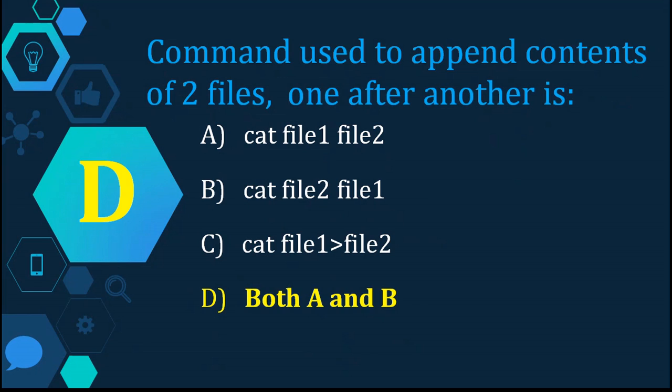There will be no change in file1 and file2, but simply first the content of file1 will be displayed and after that the content of file2. And in option B, first the content of file2 will be displayed and then the content of file1 in the terminal itself, but there will be no change inside the files, right?